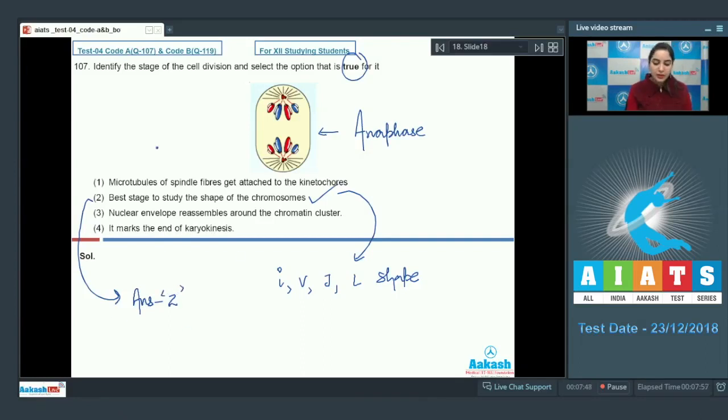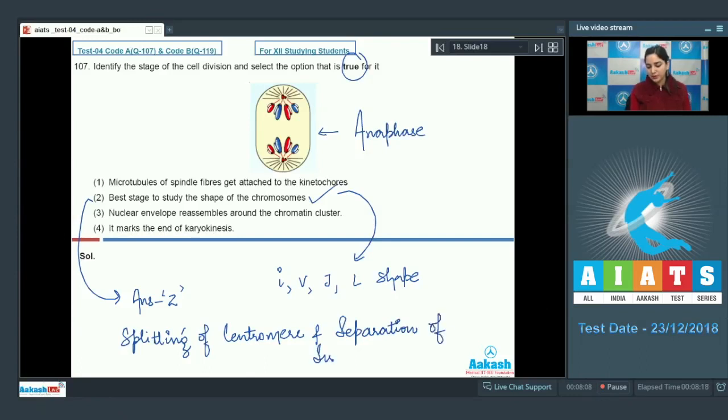Please remember, in anaphase there is splitting of centromere and separation of sister chromatids, which is why we get a better visibility of the shapes of chromosome.